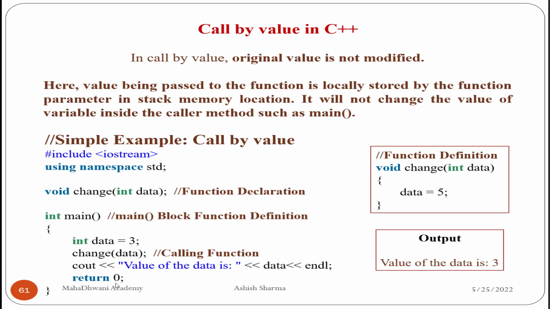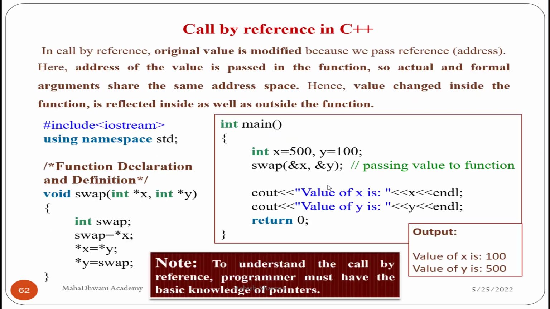Return 0 returns the value 0 because main is of return type integer. So that's why it returns the value 0 to the compiler or operating system. Then we close the main body, and this is the simple program of call by value where the original value is not modified.